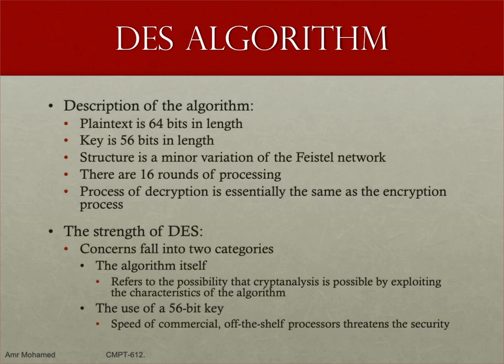Anyway, the key size is 56 bits. And this is one of the weaknesses of this algorithm, really, because when we talk about the analysis of this algorithm, of course we'll not go deeply into the analysis in terms of information theory, but the algorithm itself is good and powerful, but the problem is the key size is very small, okay?